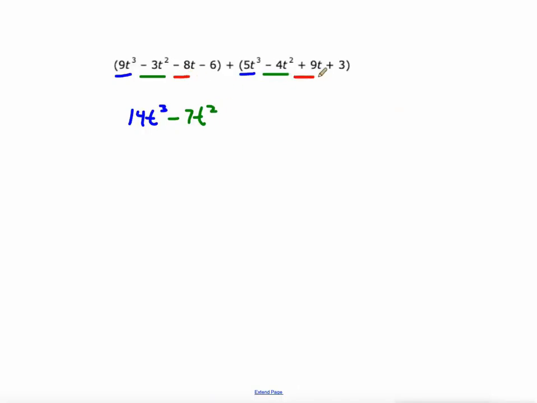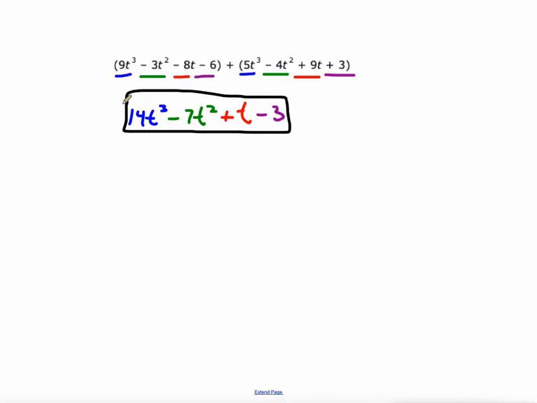Negative 8t plus 9t is positive 1t. And negative 6 plus 3 is negative 3. So that's our result. So every time I see a subtraction sign, I kind of look at it as a negative sign in front of a term.